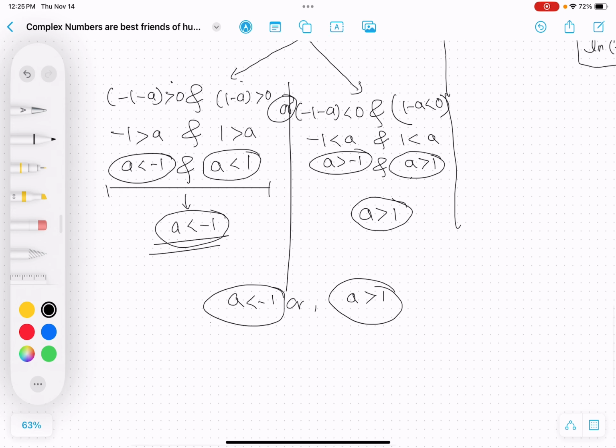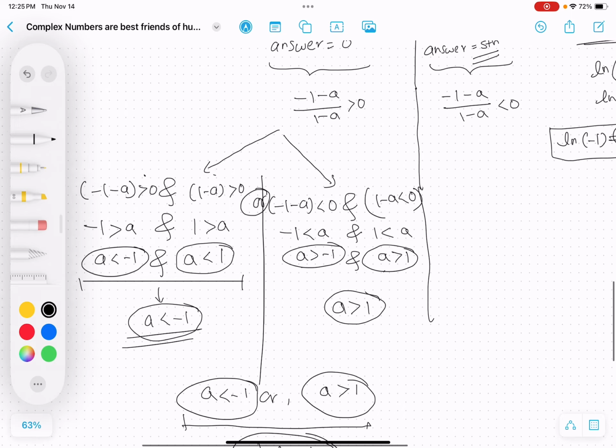So again, these two solutions are our possible solutions, and this is commonly written as the modulus of a being greater than 1. We can write it this way because if a is less than -1, a is -2, -3, -4, such values, in which case the magnitude is greater than 1. In this case also that is the case.